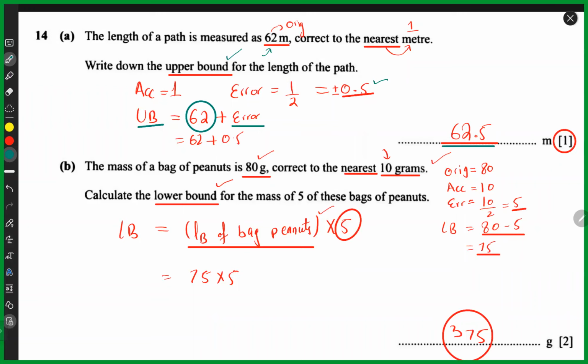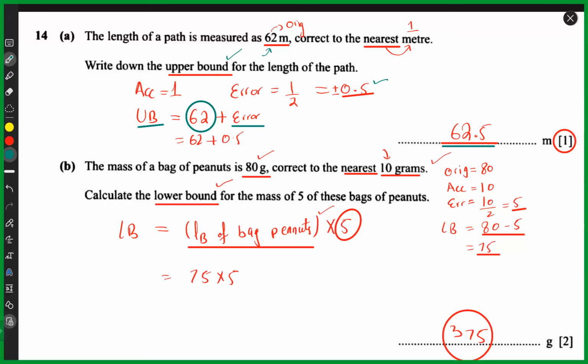For upper bound, you just need to add the error in your original measurement to find out the maximum possible value. For example, let's say you were measuring something and the error can be plus minus 1 meter. So let's say you measured that length to be 62. If the error was 1, in that case, your maximum possible value or the upper bound would be 63 and the lower bound would be 61.